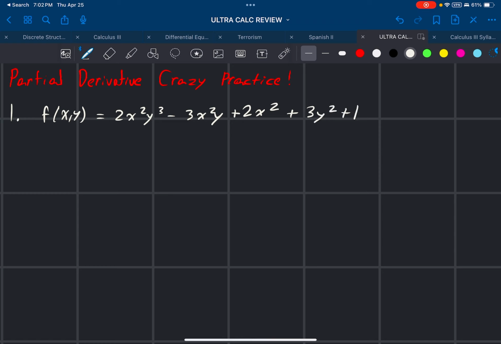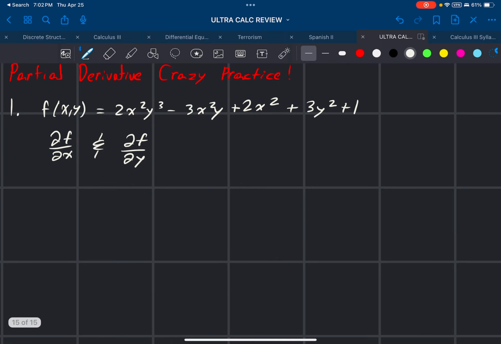For this one, we're just going to be taking the partial derivatives with respect to x and with respect to y. So let's do with respect to x first. First term, second term, third term, fourth term. Okay, let's go ahead and get through these.